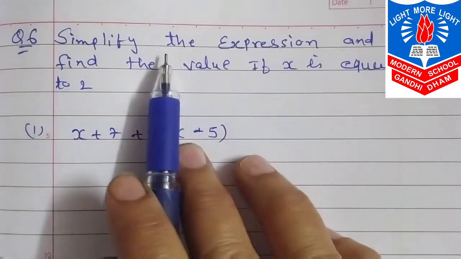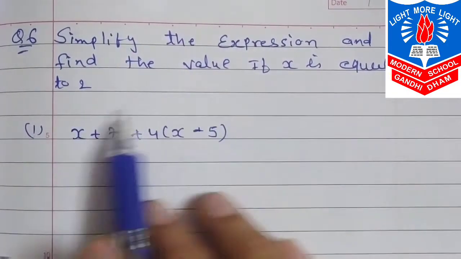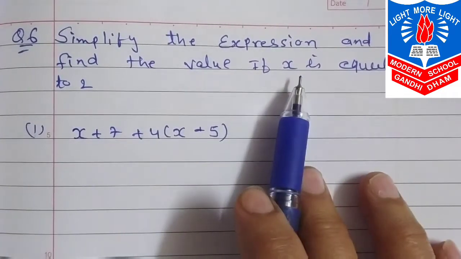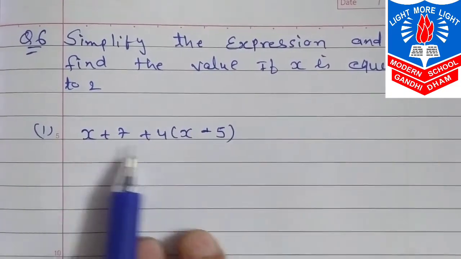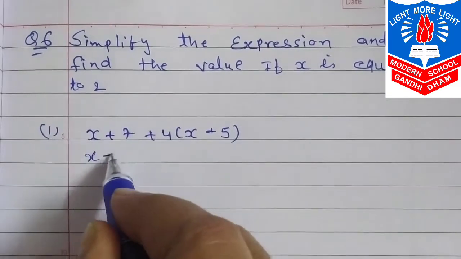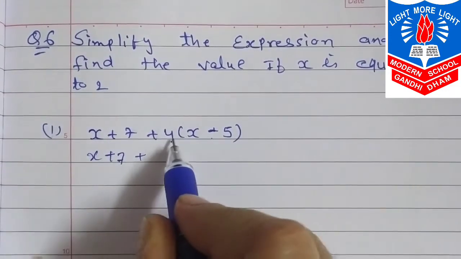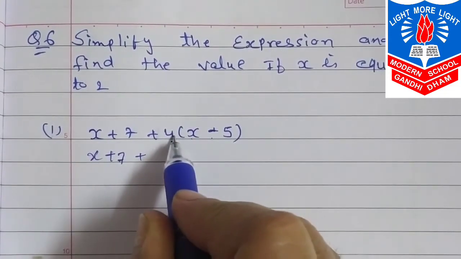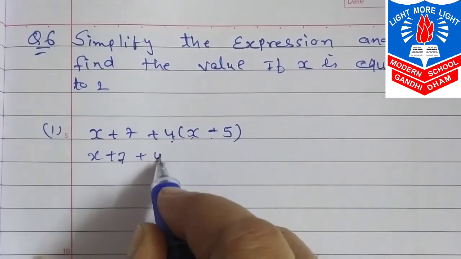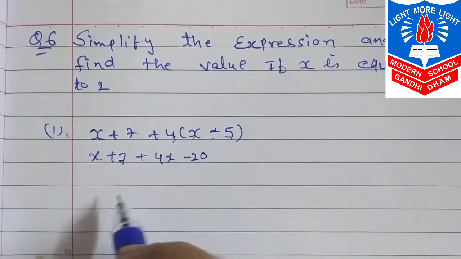Question number 6. Simplify the expression and find the value, if x is equal to 2. It means the value of x is 2. First we simplify this expression. First simplify x plus 7 plus 4 into x minus 5. Here the outside 4 means multiply, so first we will multiply it. 4 into x means 4x and 4 into minus 5 is minus 20.